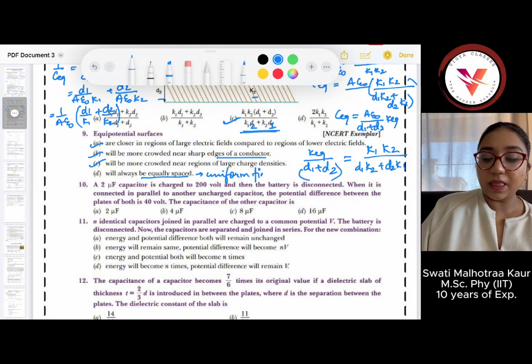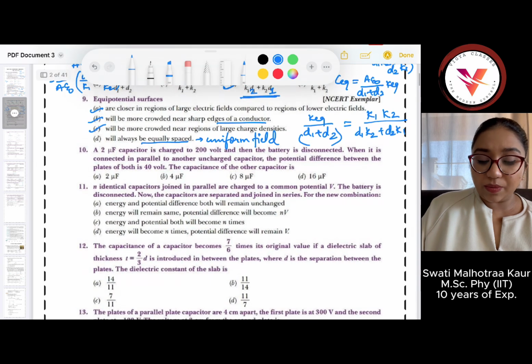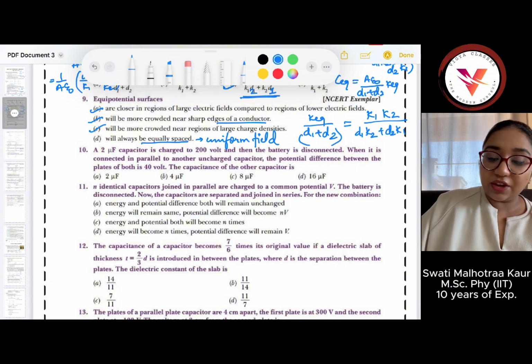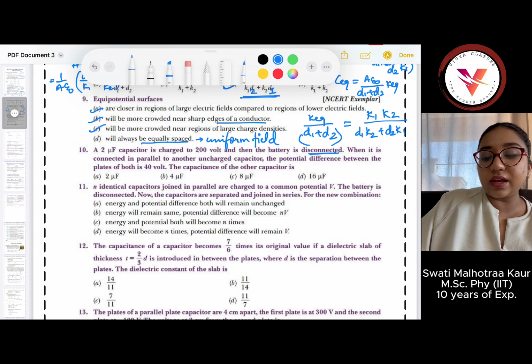Okay. Next, a 2 microfarad capacitor is charged to 200 volt and then the battery is disconnected. When it is connected in parallel to another uncharged capacitor, the potential difference between the plates of both is 40 volts. See, if it is disconnected, then the charge is constant.